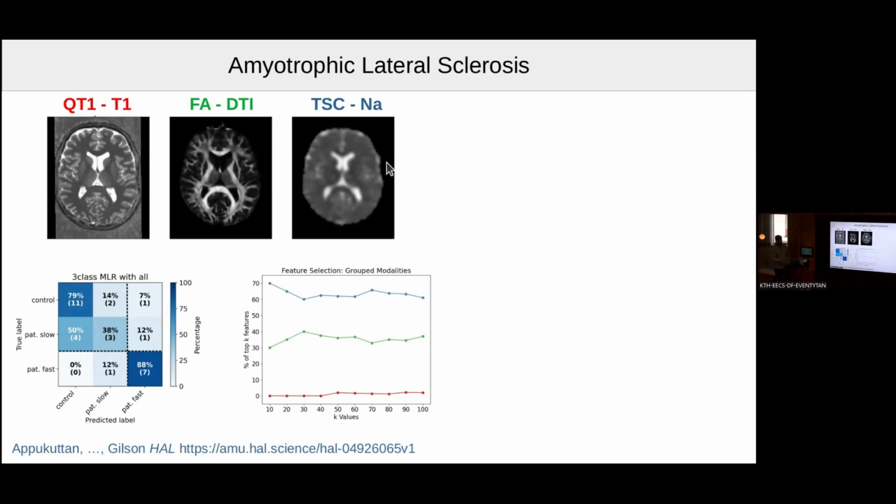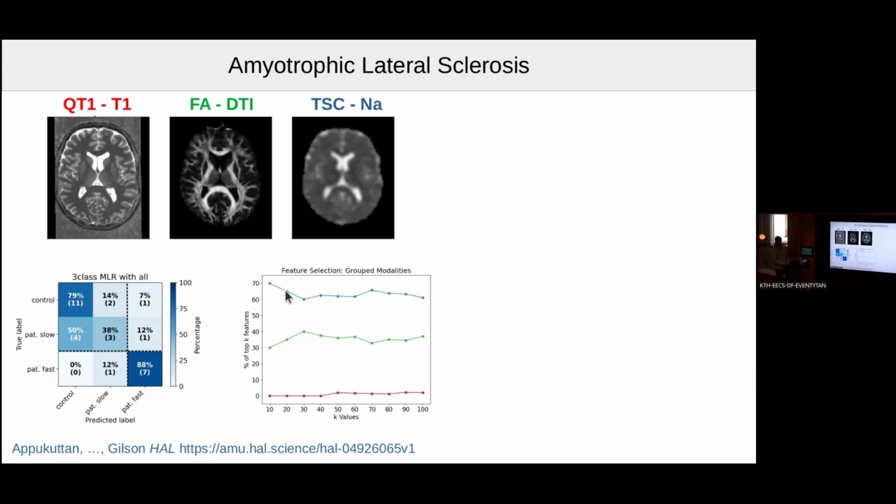And so you've got this that can potentially capture alterations in the metabolism that come before the degradation of the neuronal tissue that can be reflected in the fractional anisotropy or the quantitative T1. So we try to use that to predict the evolution of ALS patients, which is a quite devastating disease.